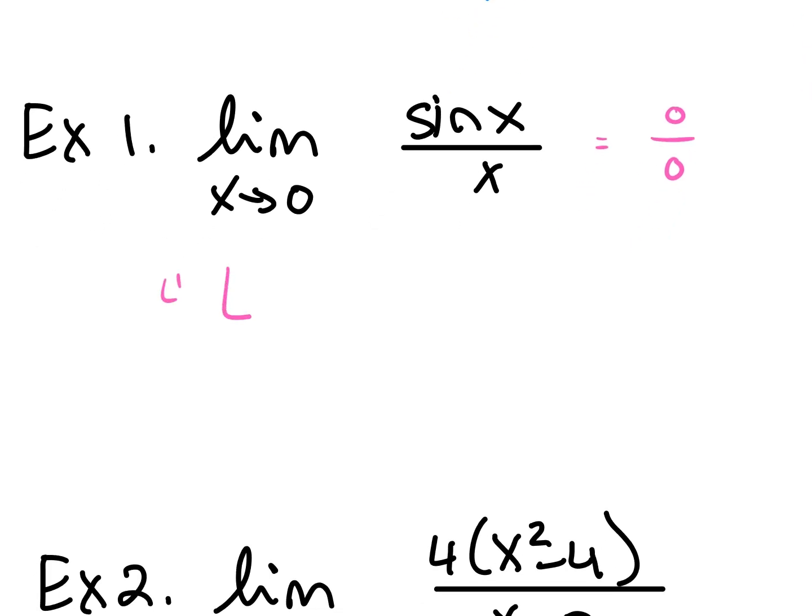So when we do that, we're taking the limit as x approaches 0 of the derivative of the numerator and the denominator. What's the derivative of sine? Cosine x. And what's the derivative of x? 1. So it'd be cosine x over 1.